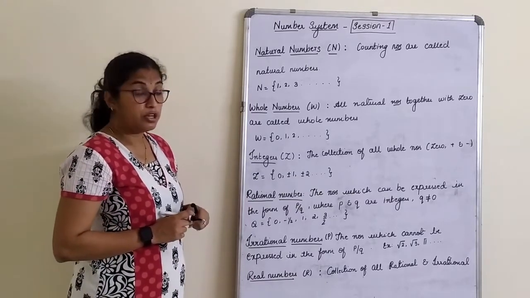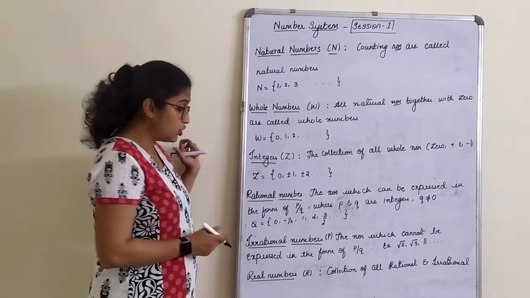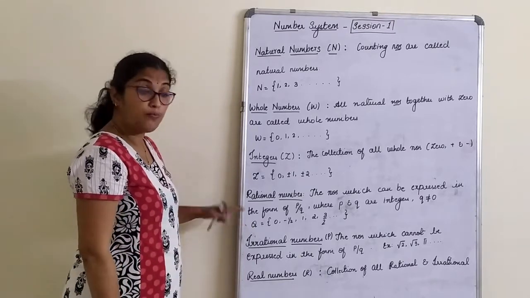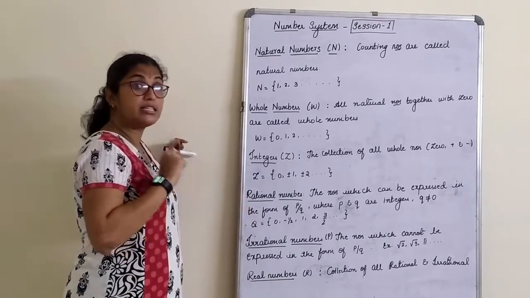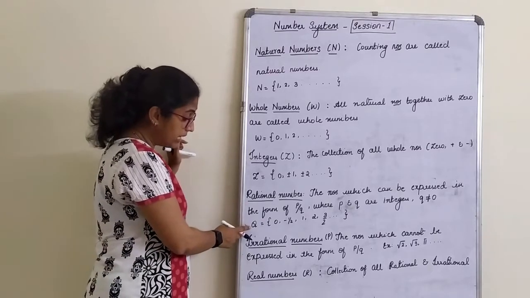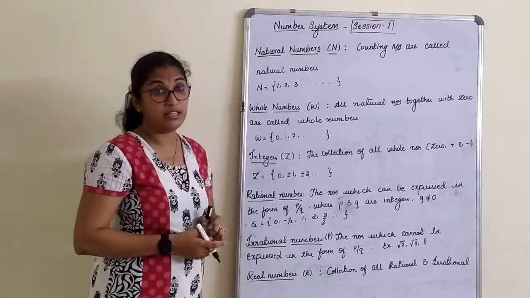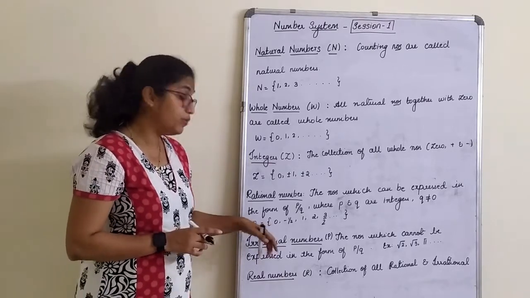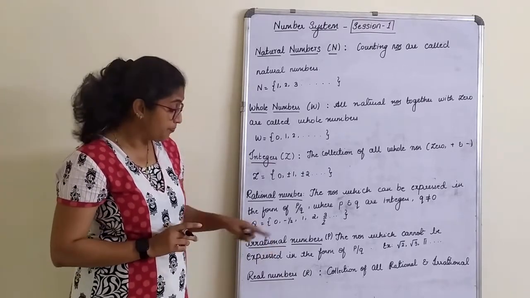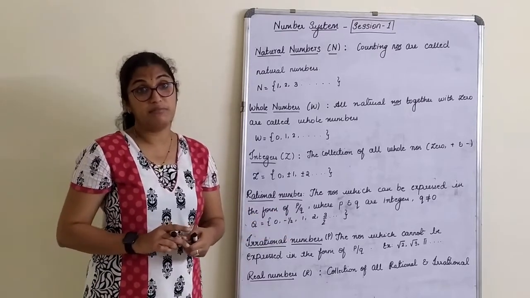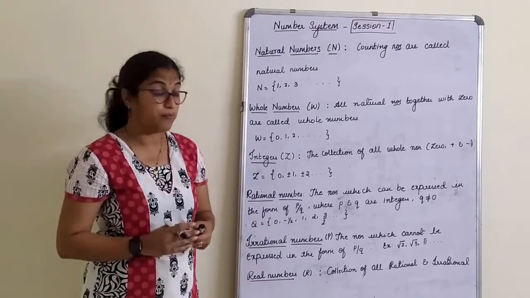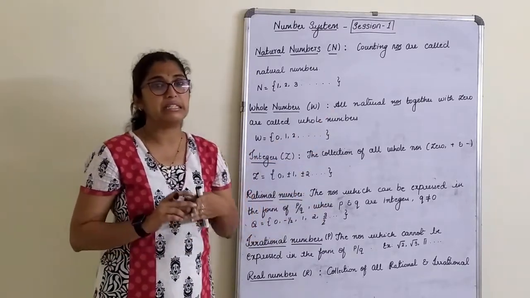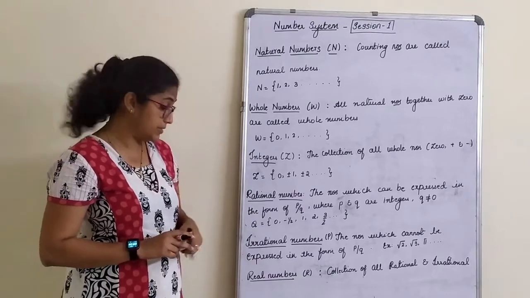It is denoted by the letter Q, not by R, R is for real numbers. 0 is a rational number because you studied this in 8th. 0 is the only rational number which does not have a reciprocal. 1 is a rational number whose reciprocal is the same. Then -1 by 2, 3 by 2, and so on. These are the set of rational numbers.